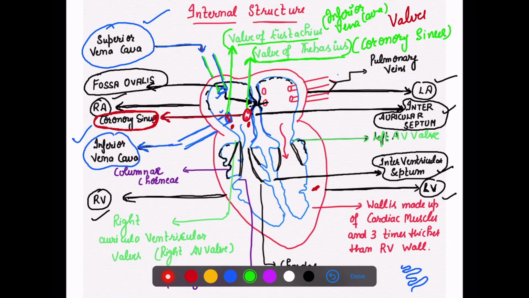The superior vena cava is located at such an angle that as soon as the atria contract, its opening automatically closes. So it does not need a specific valve. Its angle is set such that when these atria contract, it automatically closes. That is why we are not going to need any kind of valve in the superior vena cava.